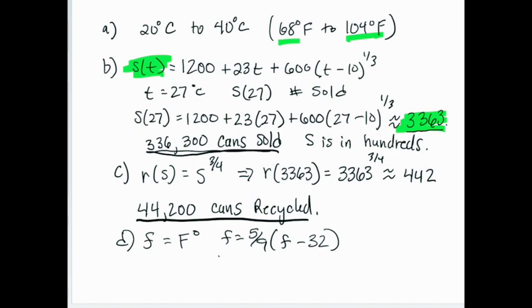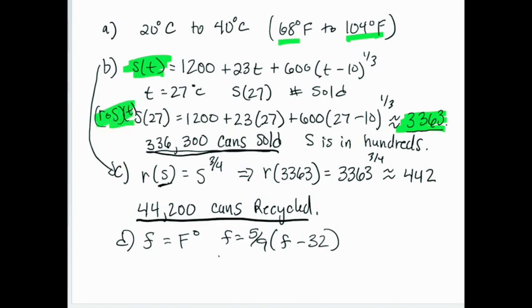So this is going to look like, up here, let me clarify so that we can kind of follow what's going on here. I have to take S of T from part B to C. I need to take S of T and plug it in to R. So that means this is a composition function.